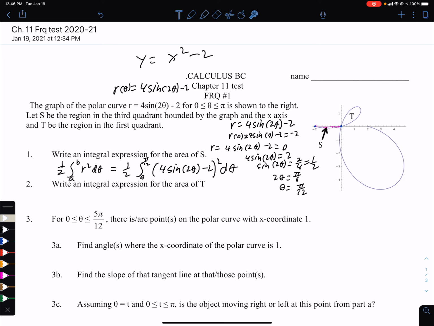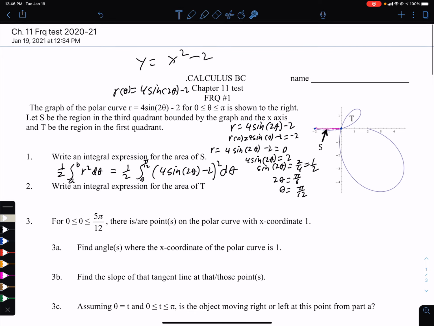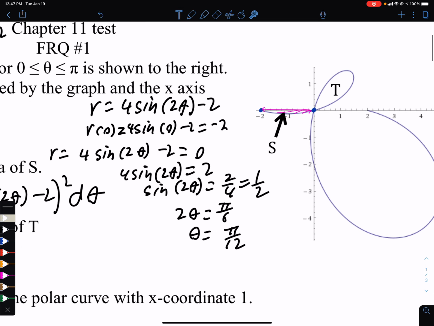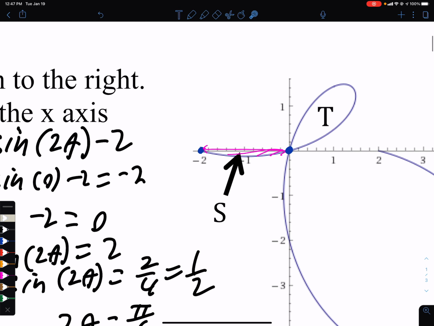So now we need the area of T. So what happened so far, we went from 0 here and ended up here at pi over 12. Now what happens at pi over 12, r becomes positive, and we start mapping out this section.